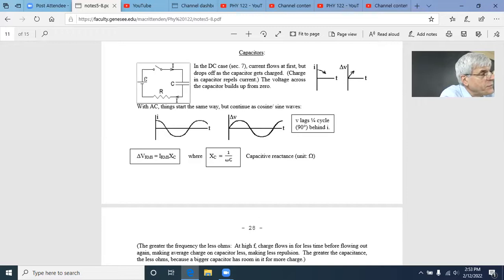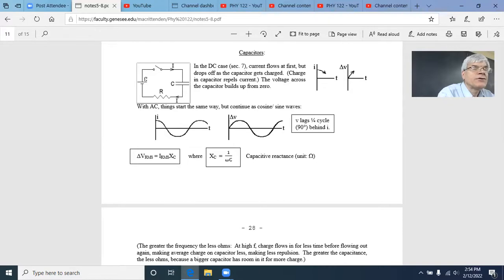Well, as time passes, more and more charge collects on the capacitor. As more and more volts are between the plates of the capacitor, there's less and less volts across the resistor, and it follows from Ohm's law that as the voltage across the resistor goes down, the amount of current flowing goes down. Or another way to look at it is when electrons try and come out of the battery, you've got a whole bunch of other electrons in front of them on the negative plate of the capacitor.